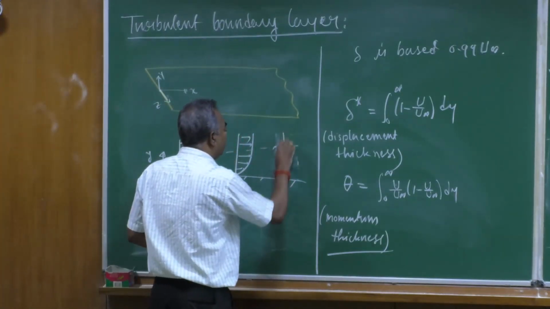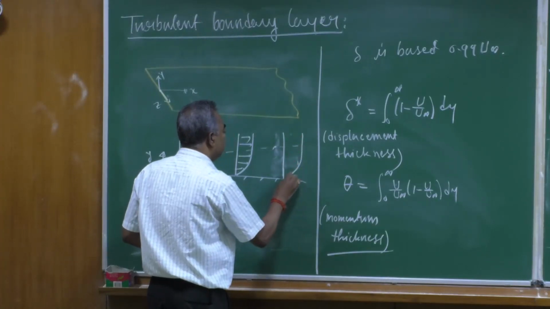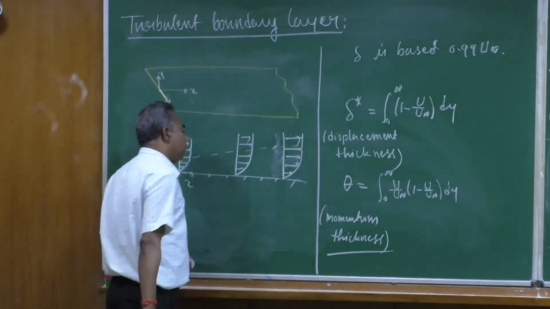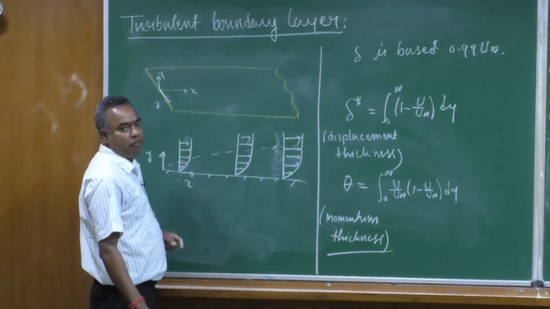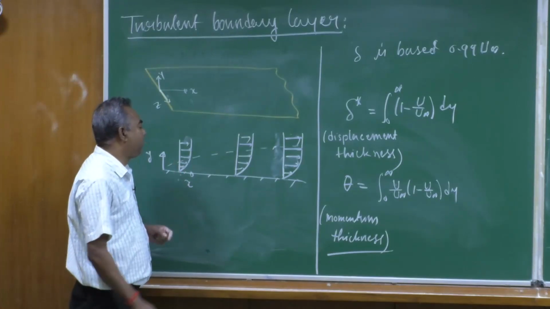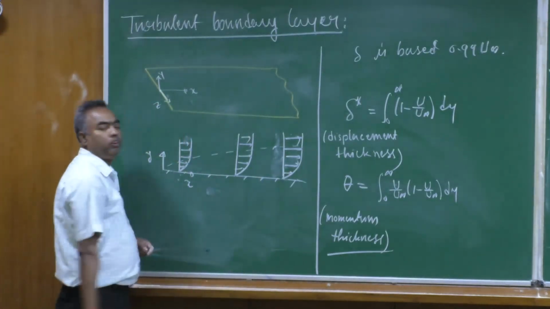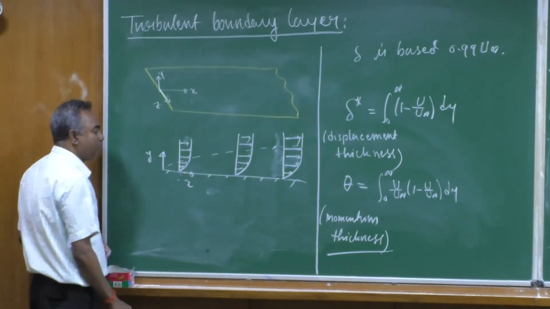If we draw somewhere here, then also it is going to be something like this. So, from this we see that the cross stream variation of the velocity is significant as compared to the variation in the streamwise direction. From this velocity profile itself you can make it out.